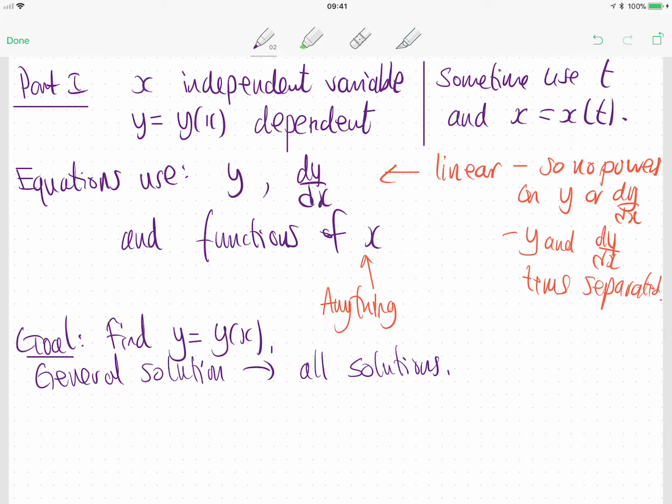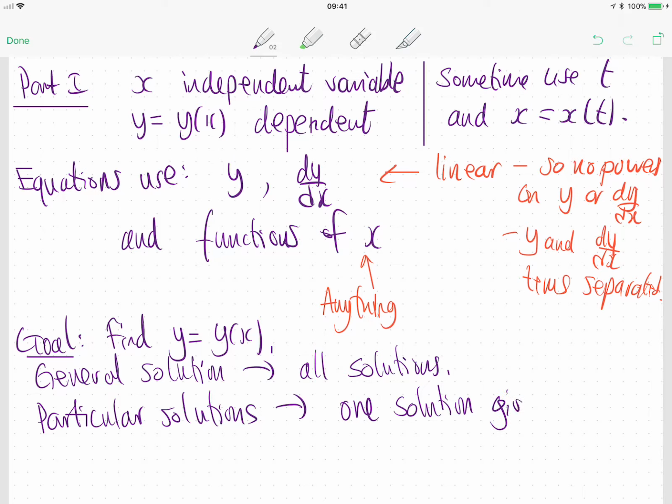And maybe later on we'll look at some particular solutions. So normally there's some initial condition, and then there's going to be some particular value as C. So there's one solution given an initial condition. So I'm going to focus on the first one. We're going to take a look at the general solutions.